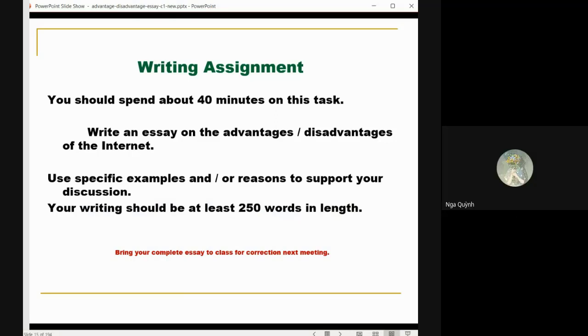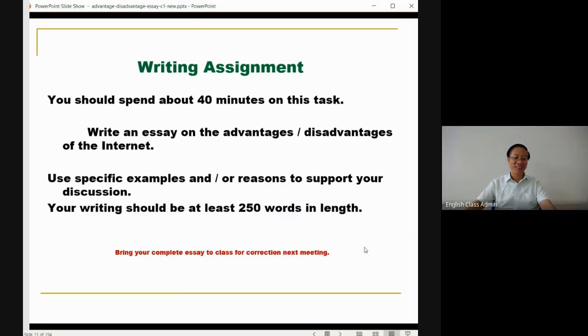You should spend about 40 minutes on this task. Write an essay on the advantages and disadvantages of the internet. Use specific examples and/or reasons to support your discussion. Your writing should be at least 250 words in length. Thank you. So please remember to complete this writing for our class.